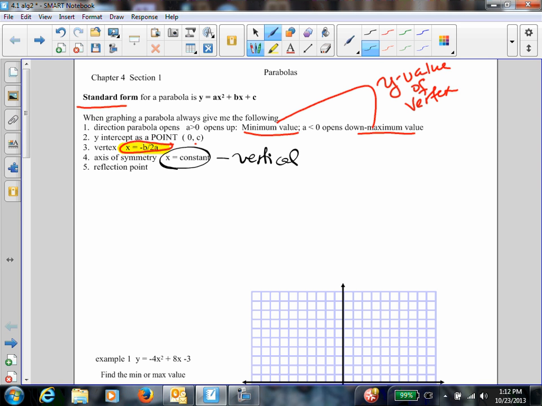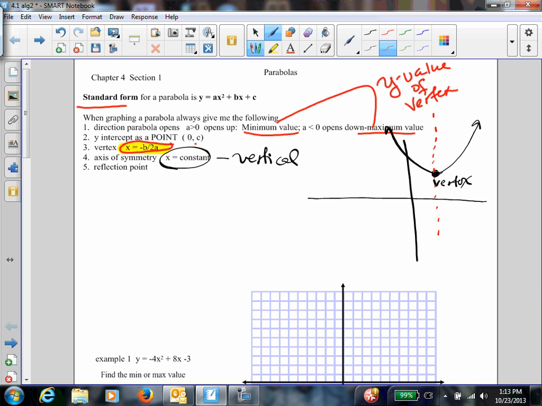All right, and then because the parabola is symmetrical, every point on the right side of the curve can get reflected over the axis of symmetry to another point on the left side of the curve. Okay, so we have a parabola that points up. We have our vertex. We have an axis of symmetry that's going to go through that vertex.